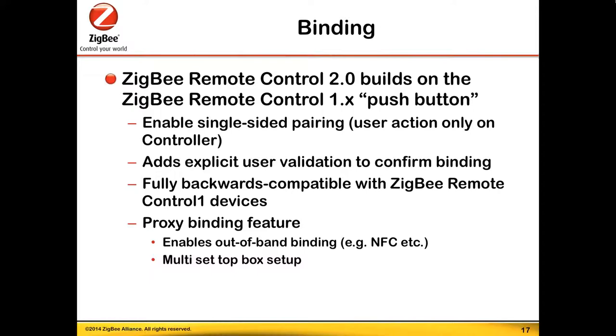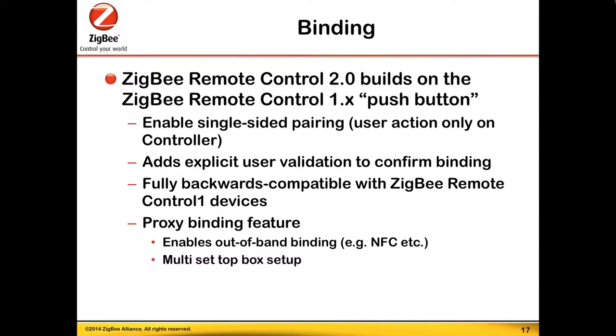ZRC1 already has a very simple push button scheme where the user presses the button on the remote and also presses the button on the target side, which can be a TV or set-top box. That results in a very simplified pairing process. One of the things we wanted to do with ZRC2 was to further simplify it for the user, and to make sure that the user only has to do actions on the controller side and not necessarily on the target side.